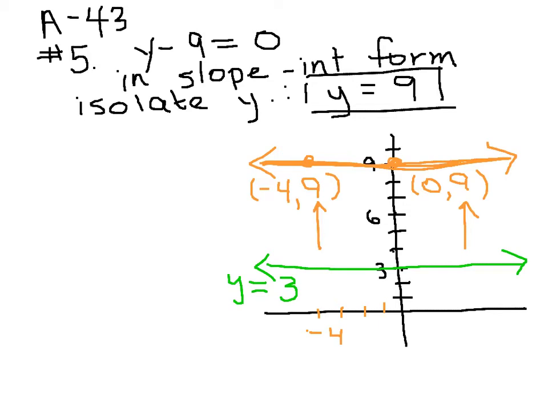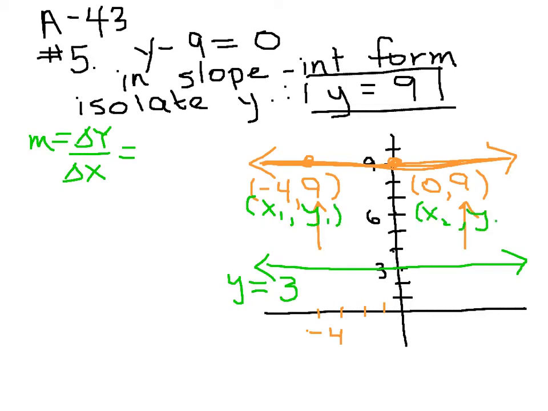So what I need to do is to find the slope. So the slope, by definition, is the change in y over the change in x. So if I just go ahead and use this as x1, comma y1, and I'm going to use this point here as x2, comma y2, right? It's y2 minus y1 over x2 minus x1.